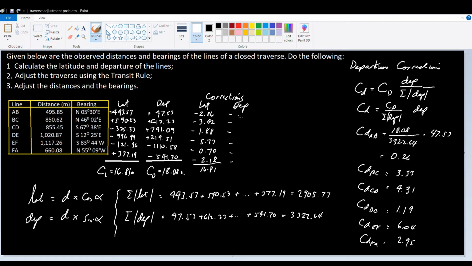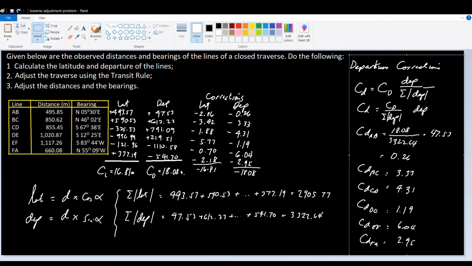So this will be negative 0.26, negative 3.33, negative 4.31, negative 1.19, negative 6.04, and negative 2.95. Again, when you add them together, with the way they should be negative, no? Negative 16.81. And this one is negative 18.08. Okay?